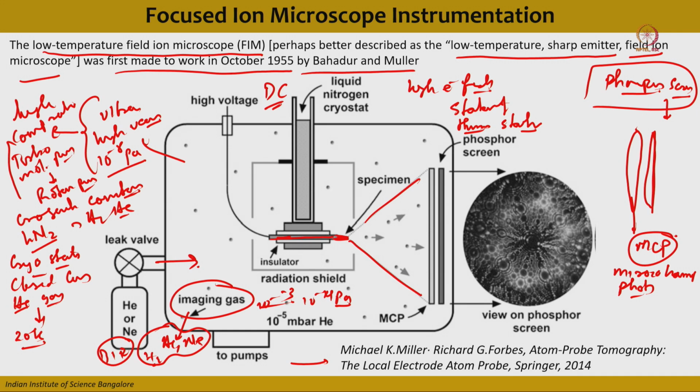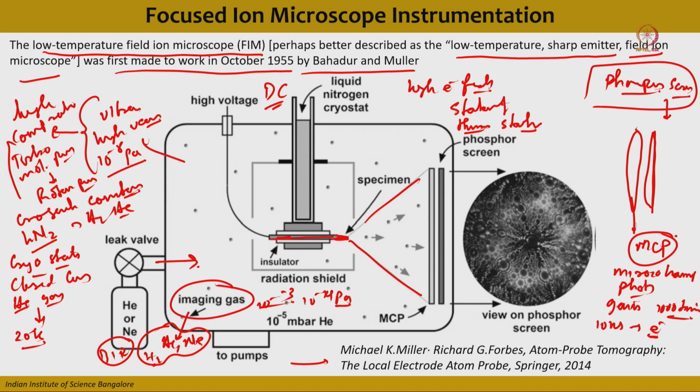The most important function of these MCP plates is that they amplify the signal. How does it get amplified? This increases the gain by 1000 times, by converting the ions to electrons.